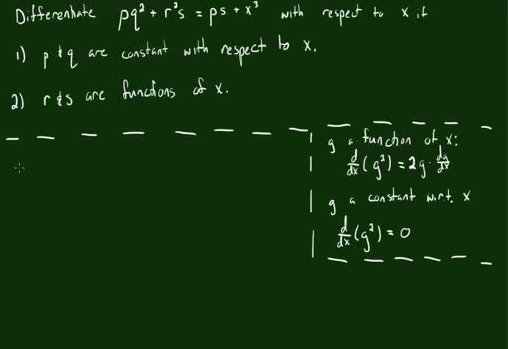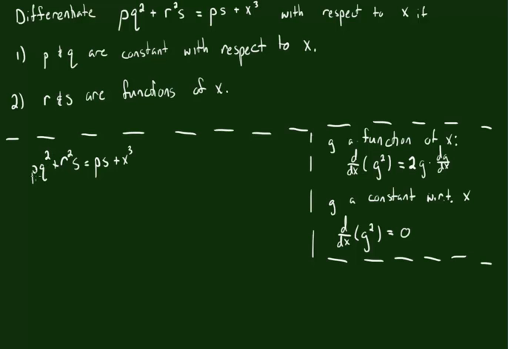So let's go ahead and start our derivative. We have p q squared plus r squared s is equal to ps plus x to the third power. Now p and q here, let me erase this q and write it a little bit nicer, are both going to be constants with respect to x.